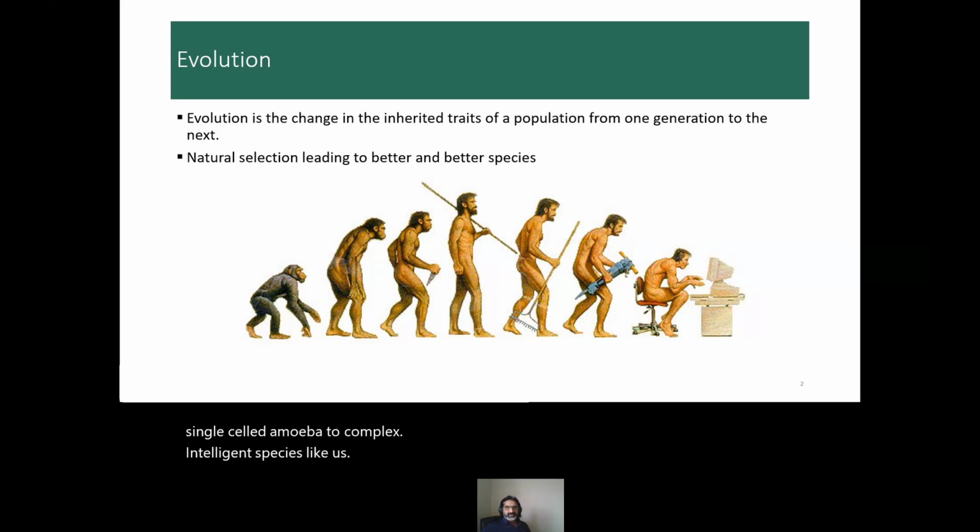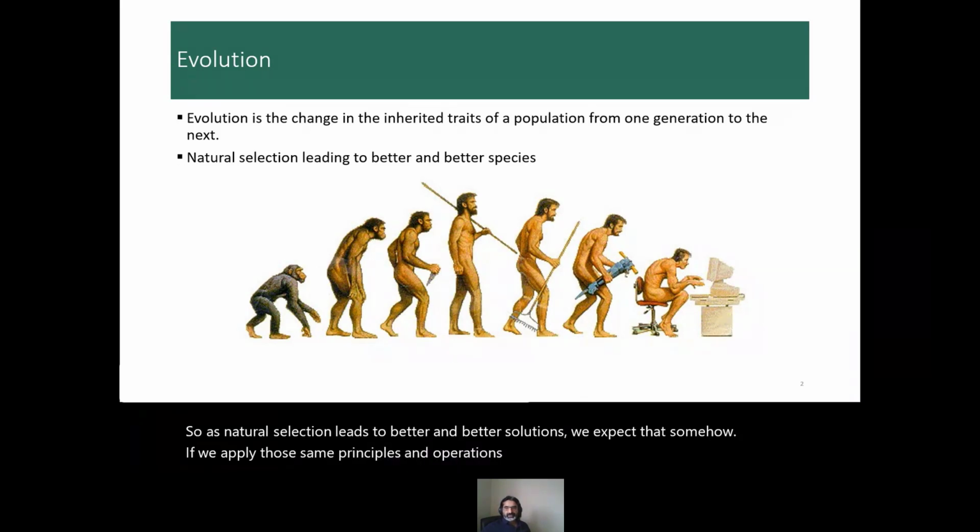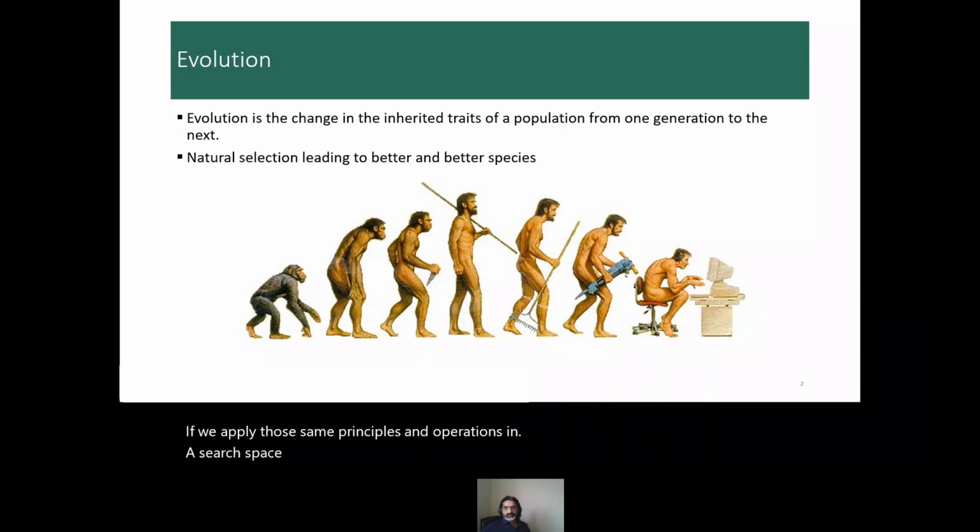As natural selection leads to better and better solutions, we expect that if we apply those same principles and operations in a search space for a population of solutions, we will end up with the best solution if we repeat the evolutionary process again and again.